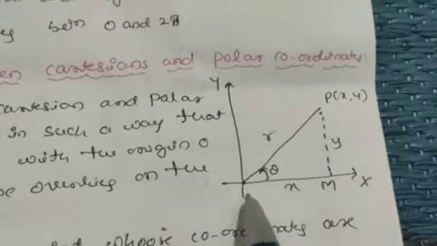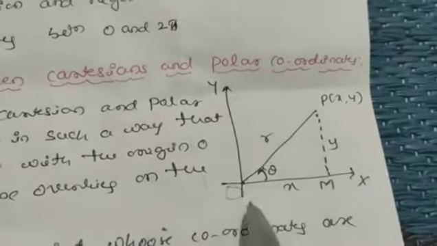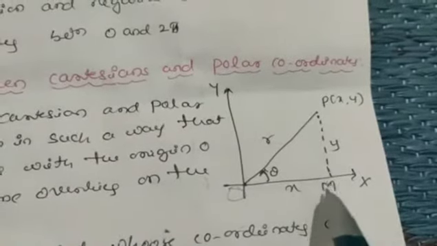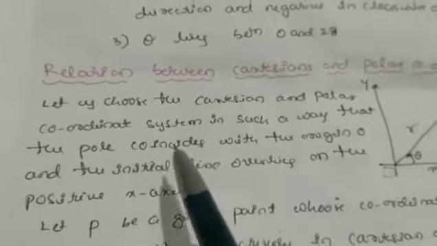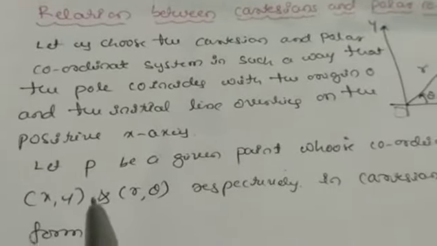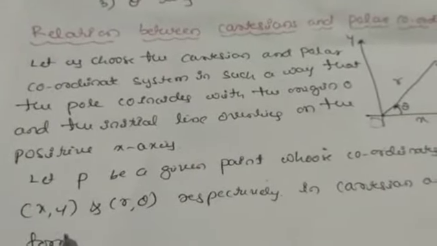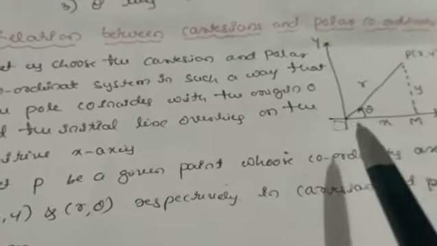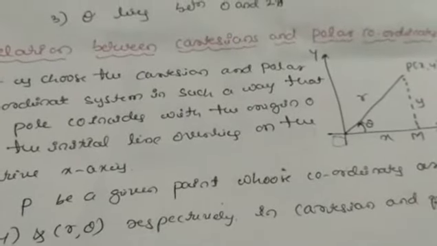Here OM is x and PM is y. Let us choose a Cartesian and polar coordinate system in such a way that the pole coincides with the origin. Let P be a given point whose coordinates are xy in Cartesian coordinates and r comma theta in polar coordinates. So in these two coordinate systems we use these two notations.